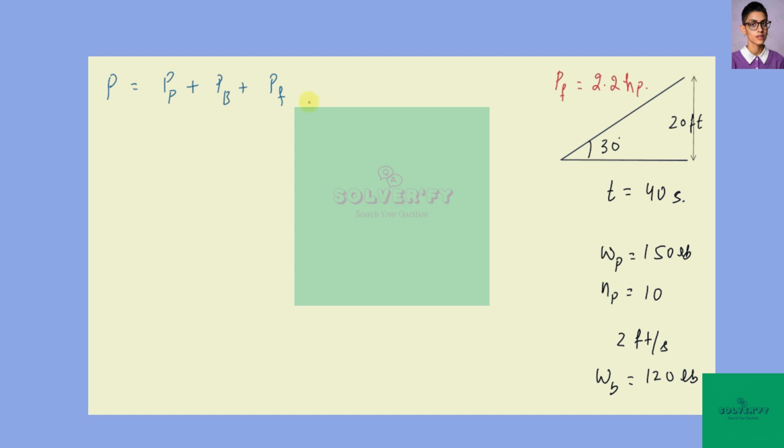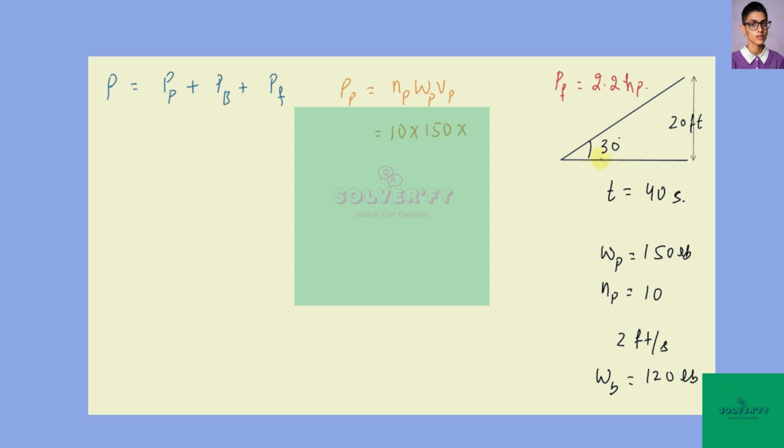Now the power required to move 10 people equals N_P times weight times the velocity of the persons, where this weight is the weight of a person. The number of persons is 10 and the weight of every person is 150 pounds, times the velocity.